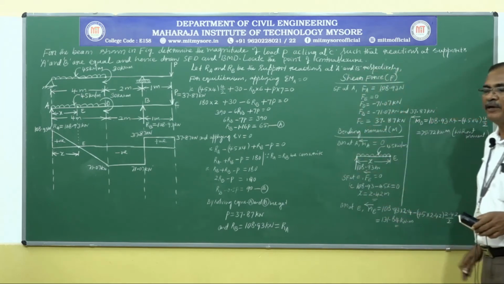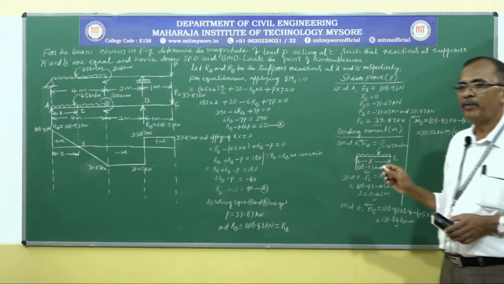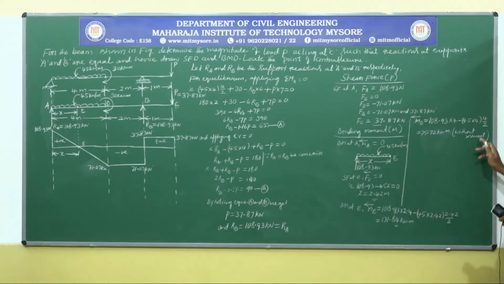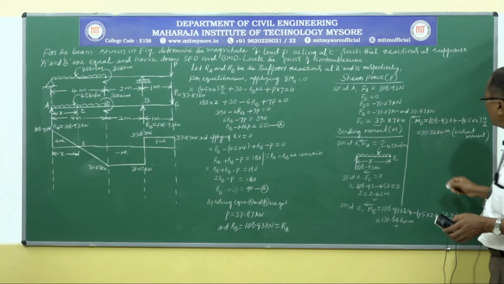Suppose you calculate bending moment at the external moment point, considering forces to the left hand side: first we calculate without considering moment, then with moment. So this is without considering moment, we got 75.72 kilonewton meter.